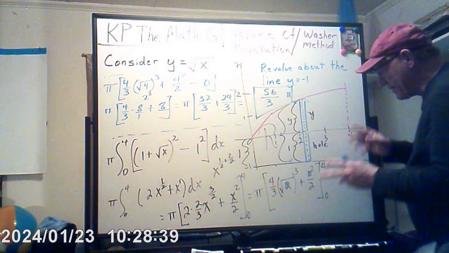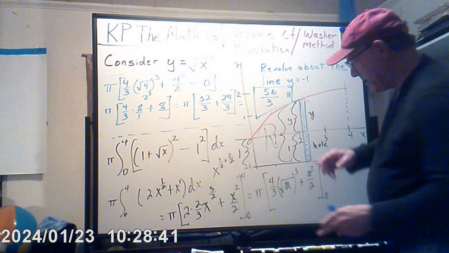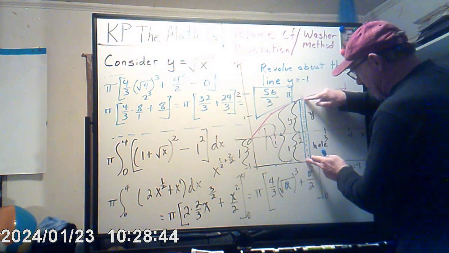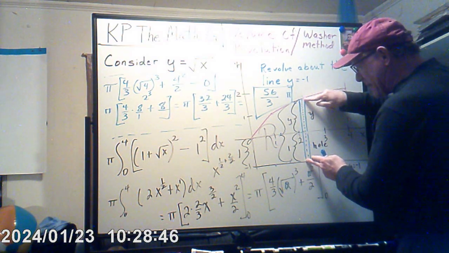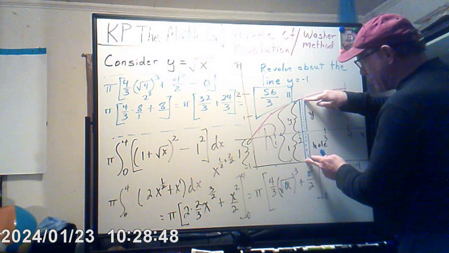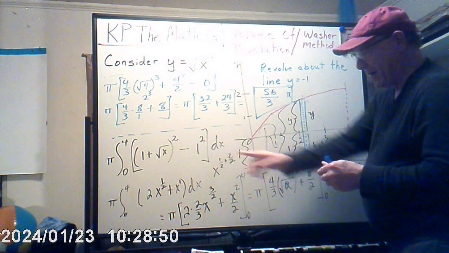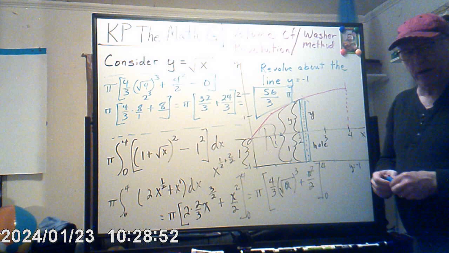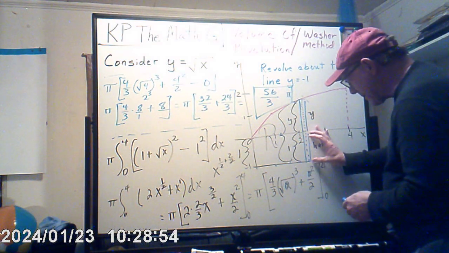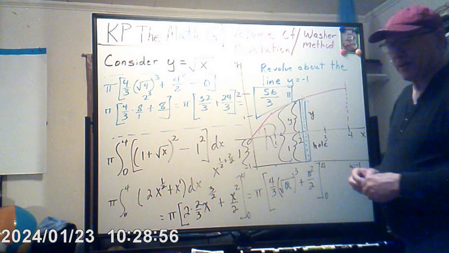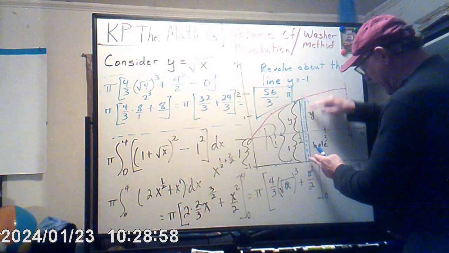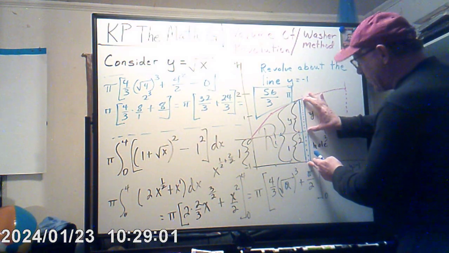So again, just very briefly, this whole thing is the big radius. You're always going to have a big radius squared minus a smaller radius squared when you have a hole like this. So the big radius is 1 plus this y.